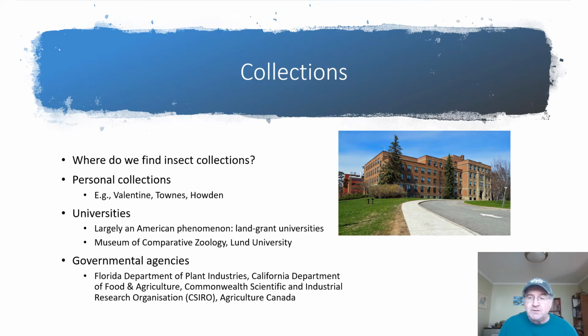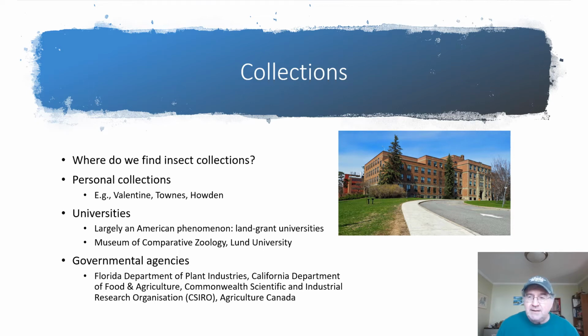But there are some personal collections that are very large and have been very important over the years. Just to pick out a couple of examples that jumped to mind as I was considering this. Barry Valentine, who was a former professor here at Ohio State, was one of the world experts on what was then the beetle family Anthribidae, now I believe relegated to the rank of a subfamily. But Barry, over the years, built up probably the world's best, most comprehensive collection of anthribids from entirely around the world.